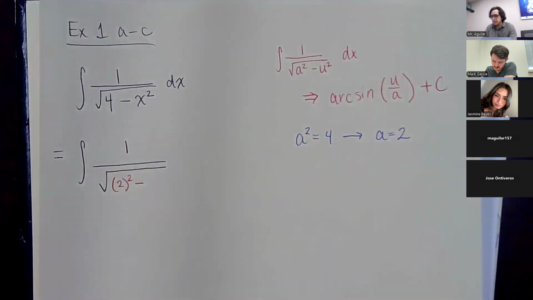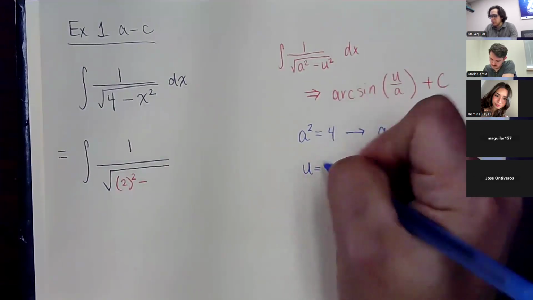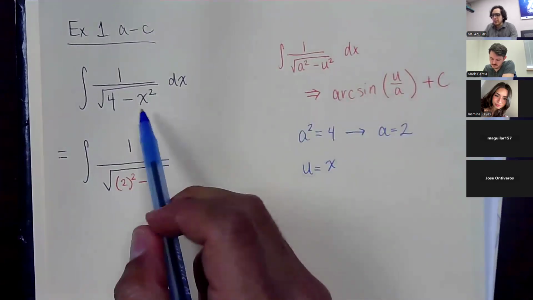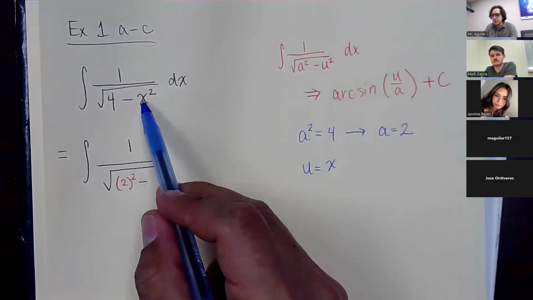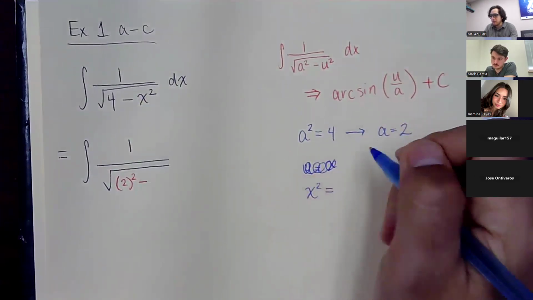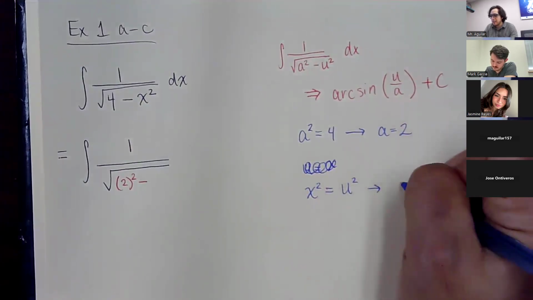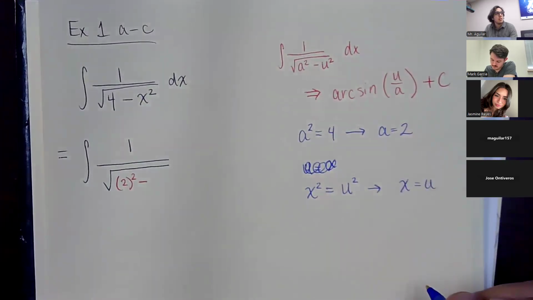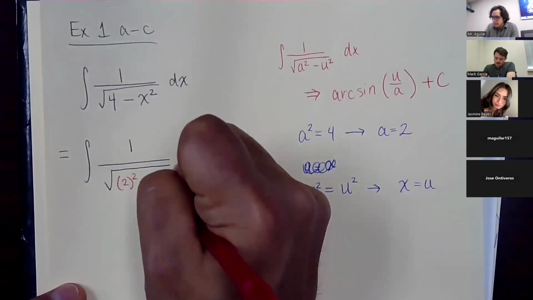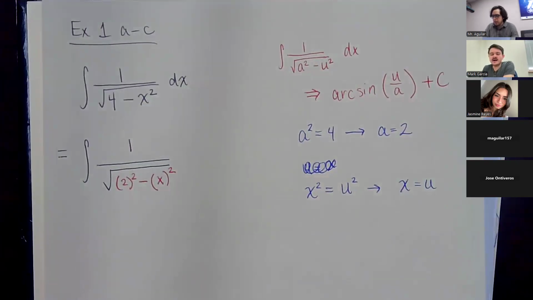Minus, and then now we know u is going to have to be equal to x, right? For the same reason that, this was x squared, so maybe I'll write it in the same format. If x squared is equal to u squared, then that means that x is equal to u. Okay, so we'll put that, and I like to put in parentheses x squared there, and then we'll write our dx on the side.